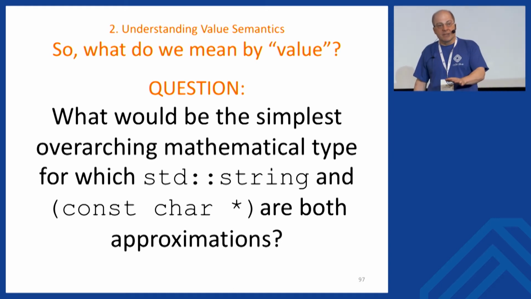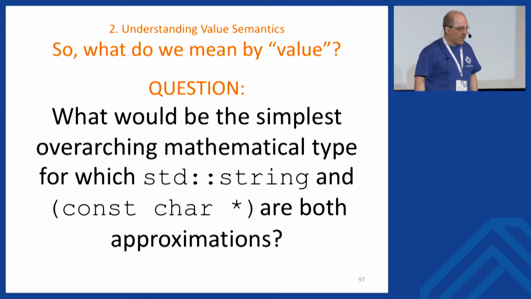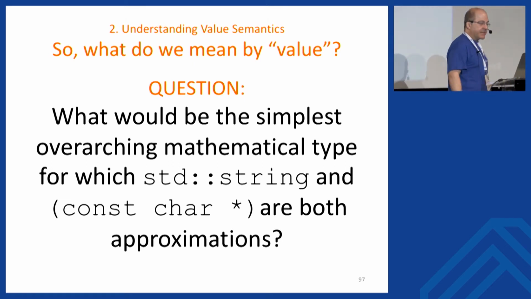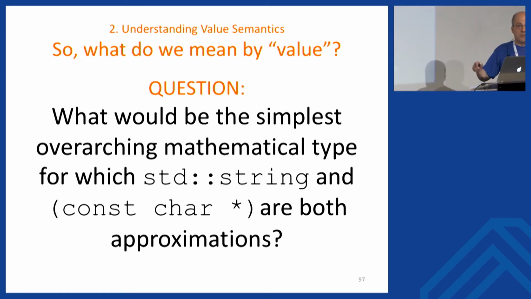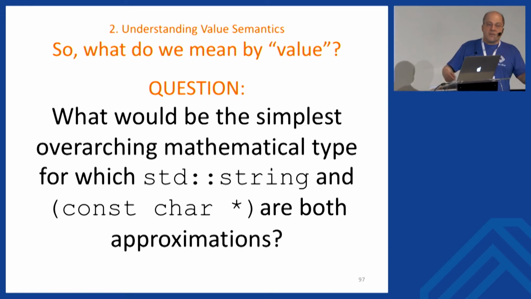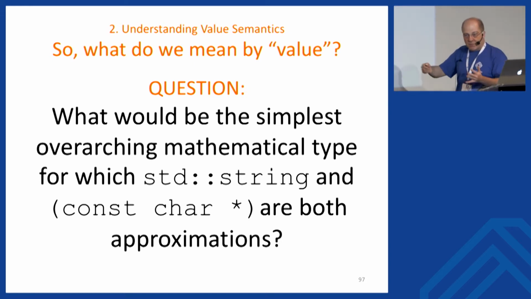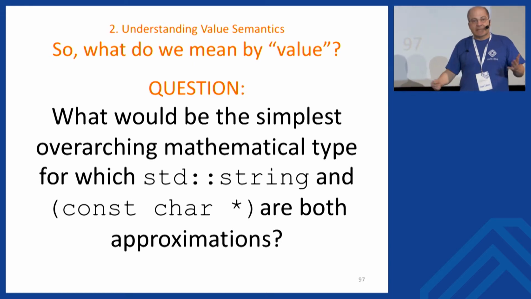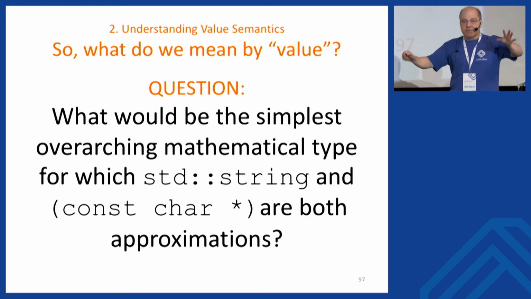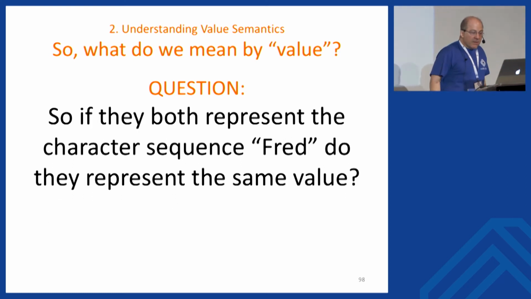One of them is nullable, and one of them can have nullable characters, and the overarching one is a nullable sequence of nullable characters. Neither one of them implements that, but if you had a nullable std::string, then you would have the full approximation that we're talking about. Make sense? Maybe? Well, in any event.